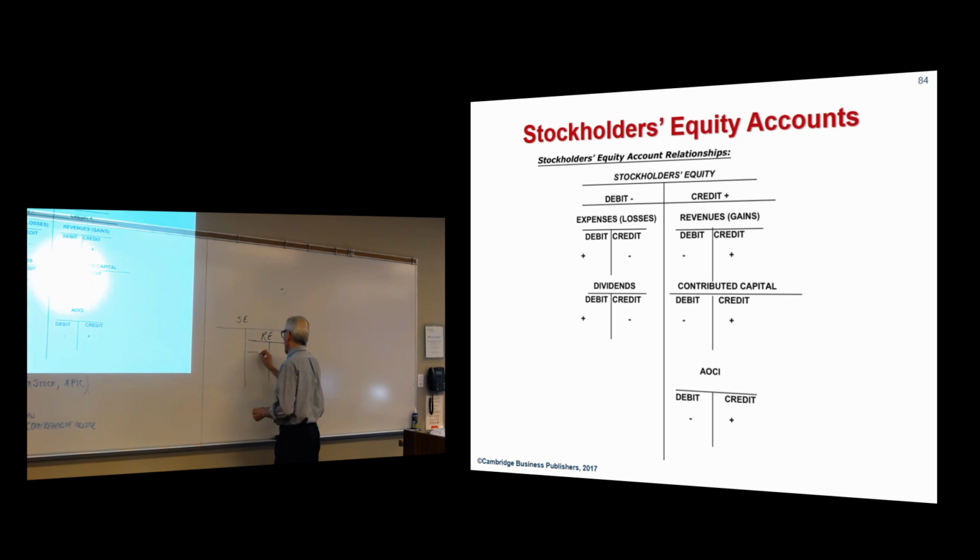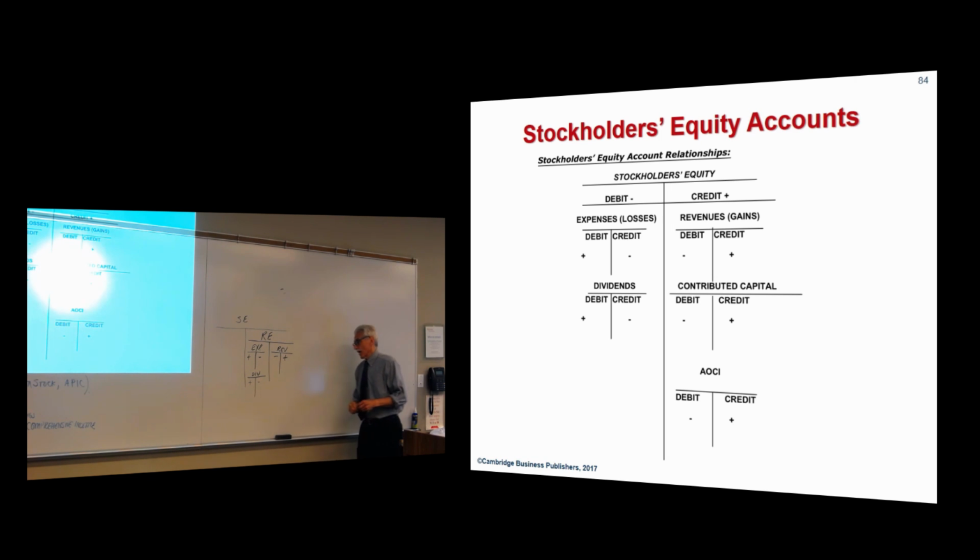On this side, I'd have expenses, right? And on this side, I'd also have dividends. And here I'd have the revenues. I know revenues go up by credits and down by debits. I know the expenses and dividends both go up by debits and are reduced by credits.